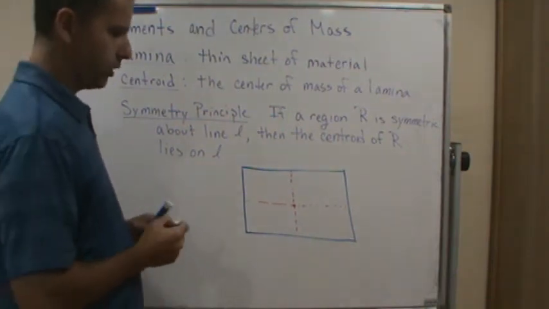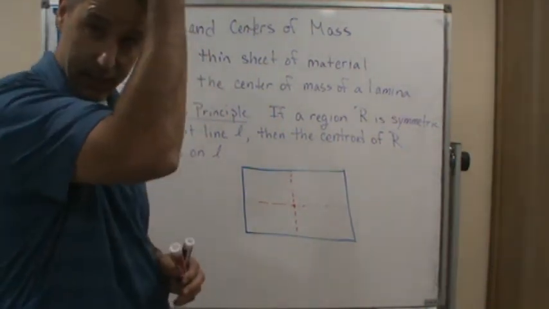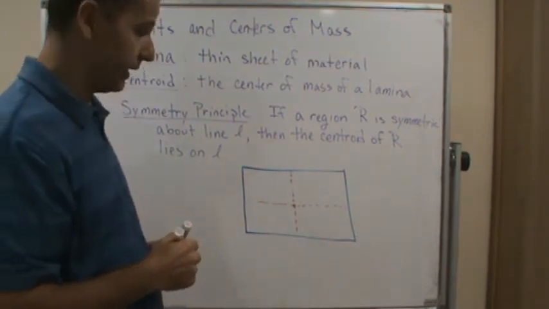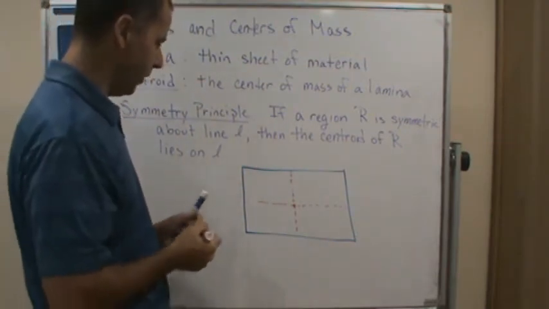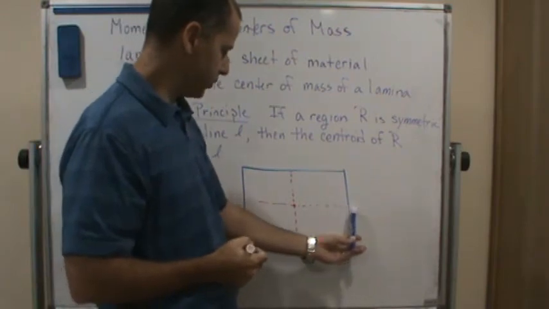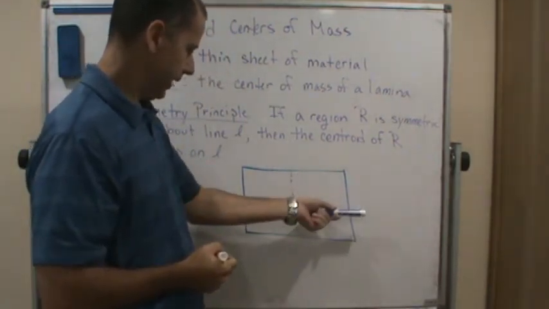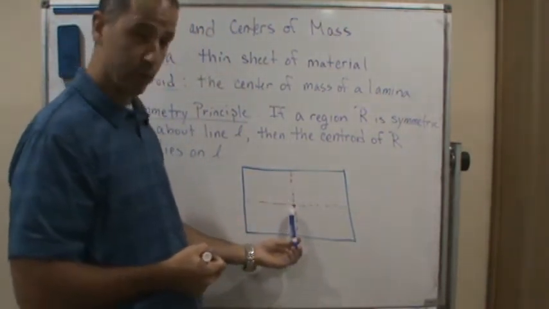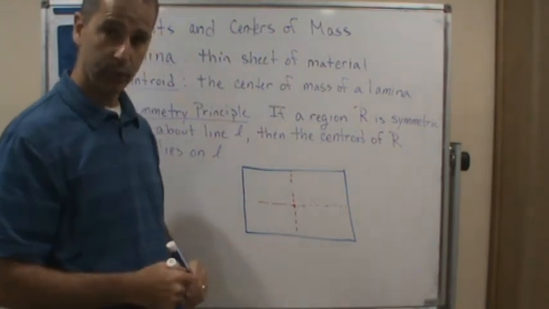In other words, the way it's stated in the textbook and most places is that it lies on the diagonals. But on a rectangle you could draw a line of symmetry this way and a line of symmetry this way, and you can show that the centroid has to be on both of those lines.